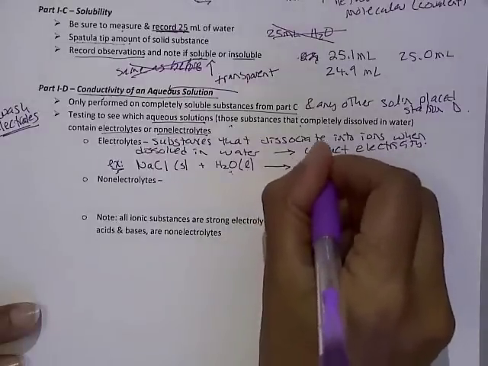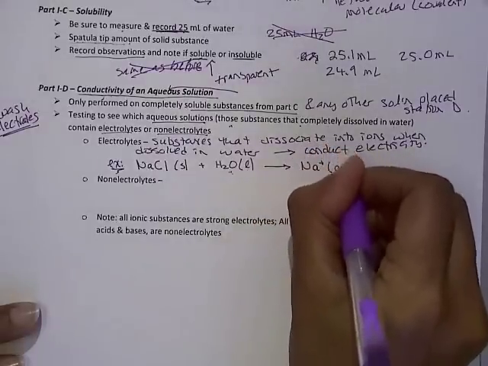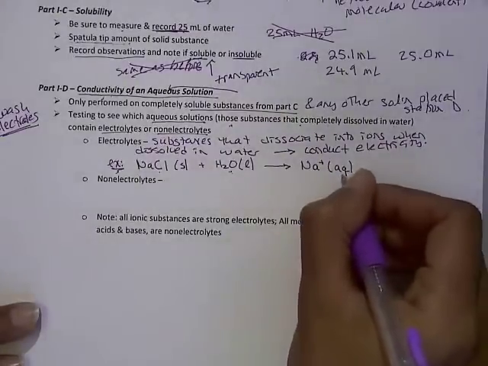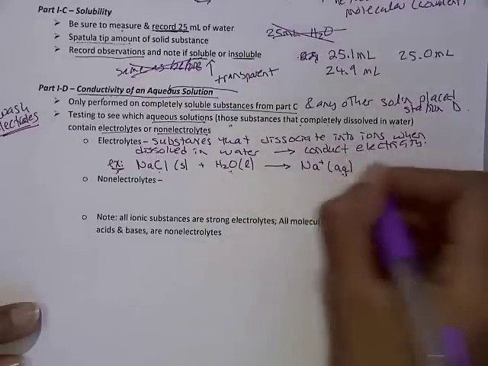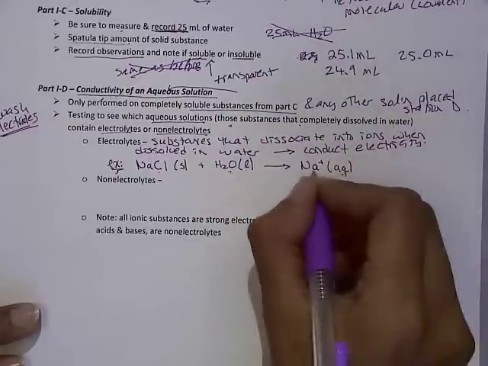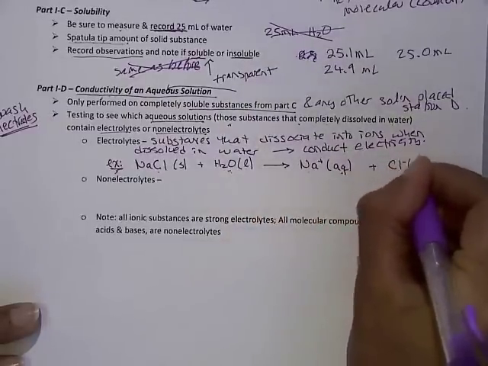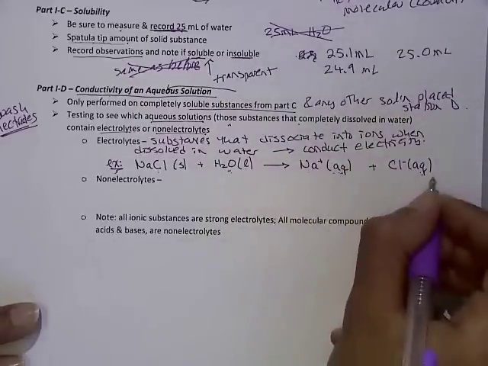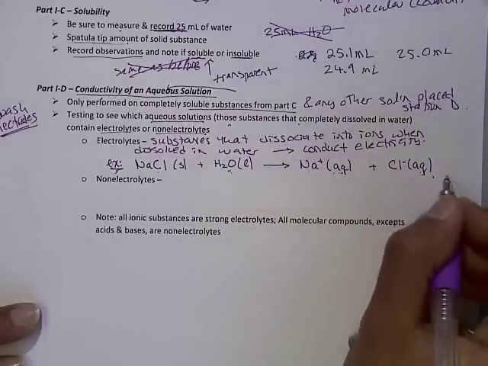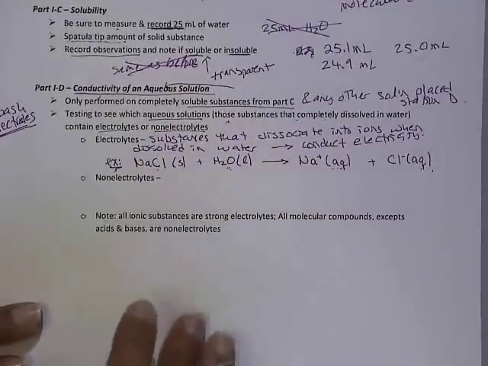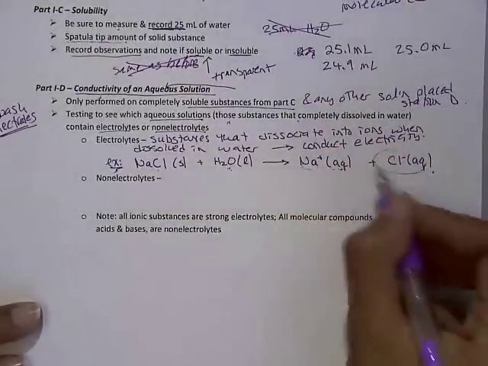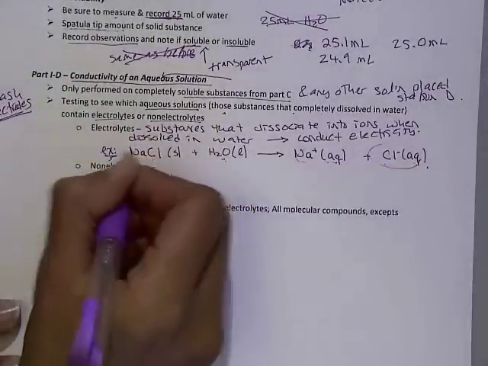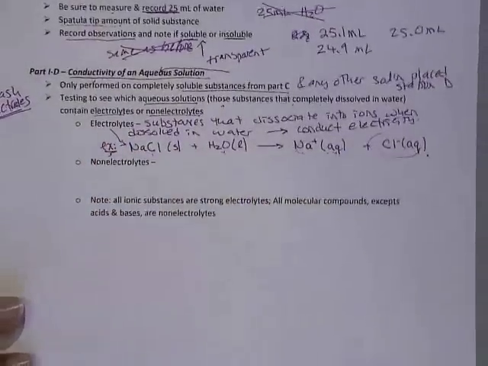And when we have a clear and transparent solution, that means we have ions of this ionic compound, and we refer to that as aqueous. So this dissociates into sodium ions plus chloride ions. When we write aqueous, that inherently tells us that we are in a solution of water, okay? So these ions conduct electricity. And since they conduct electricity, we call sodium chloride an electrolyte.